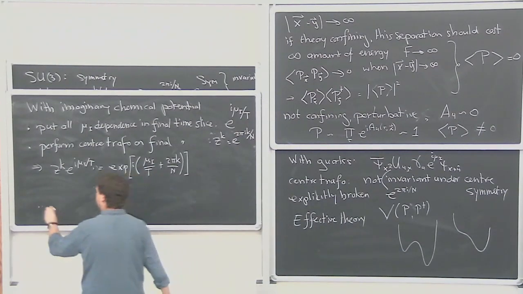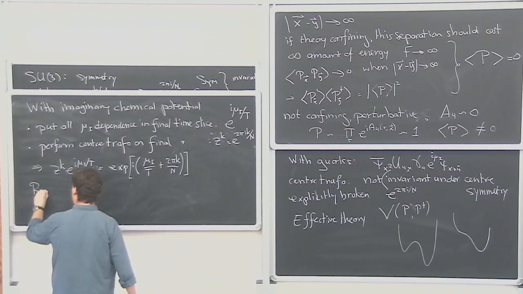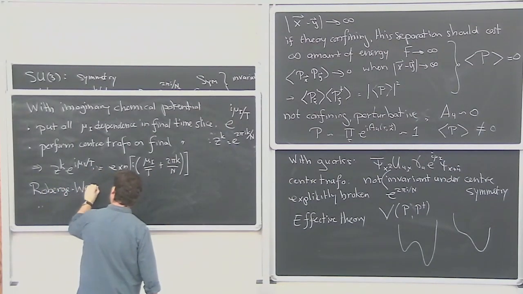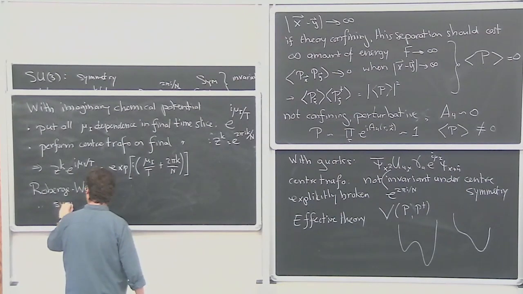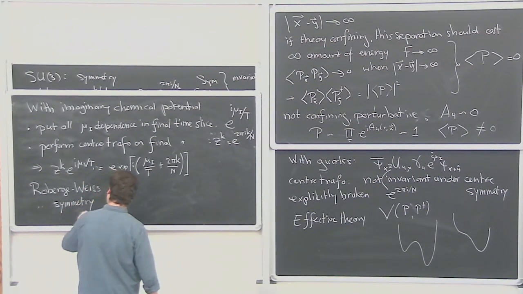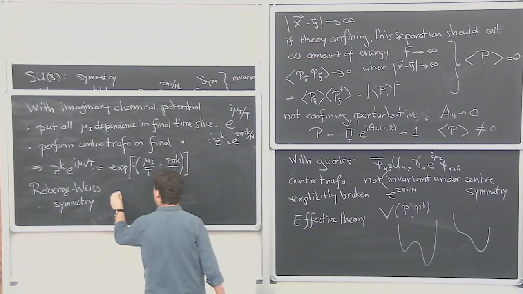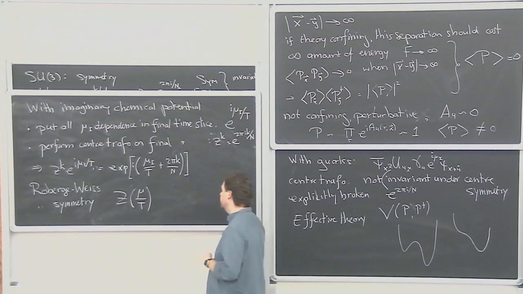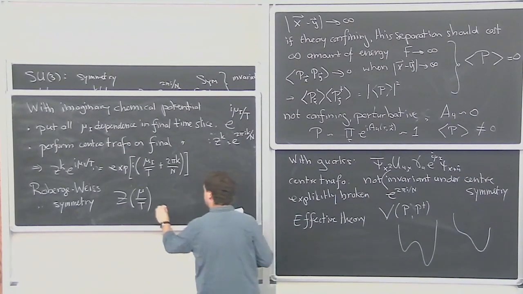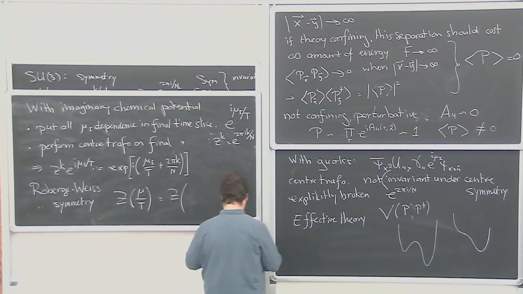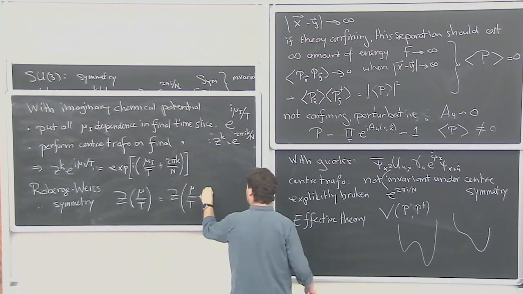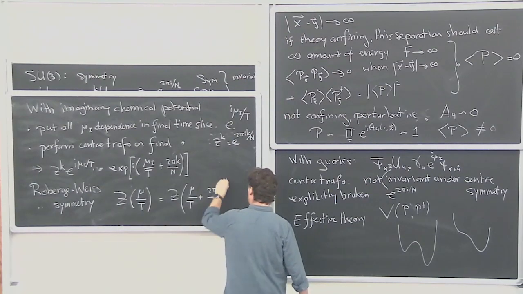And this is called Roberge-Weiss symmetry, named after the people who first wrote it down. It basically says that the partition function as a function of mu over t is periodic, so it's a function of mu over t plus 2 pi i k over n.